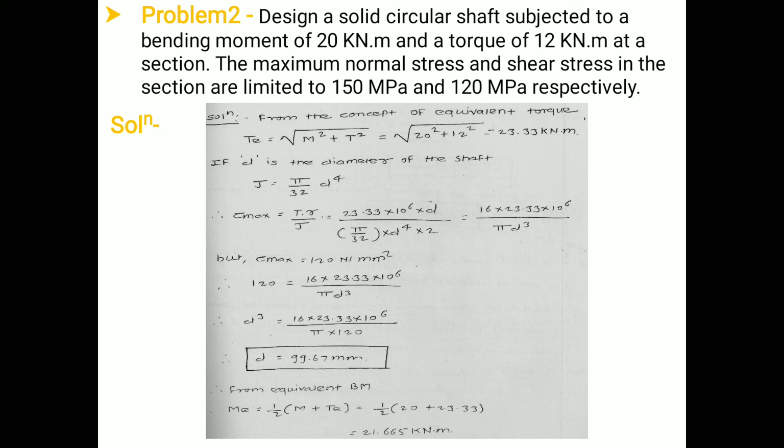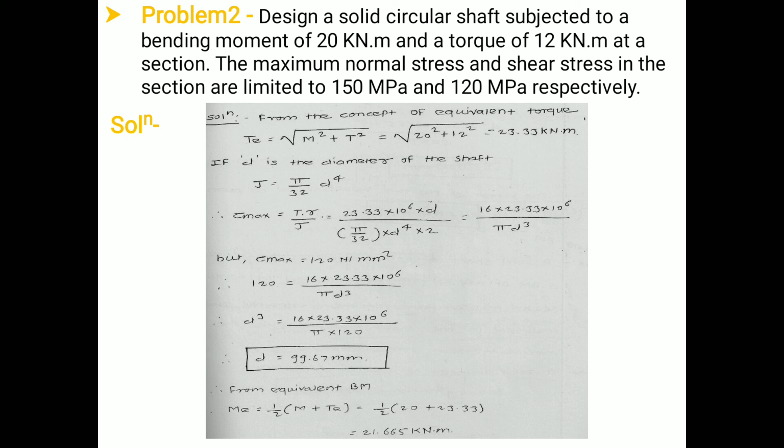So 120 is equal to 16 into 23.33 into 10 raised to 6 divided by pi d cube. On solving this equation, we have the value of diameter 99.67 mm. This is the value of diameter which we found by using the torsional formula, the maximum shear stress.